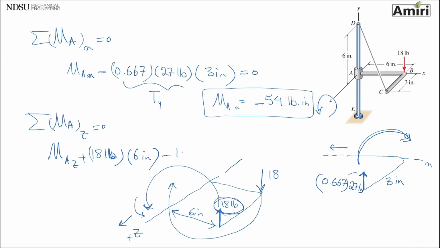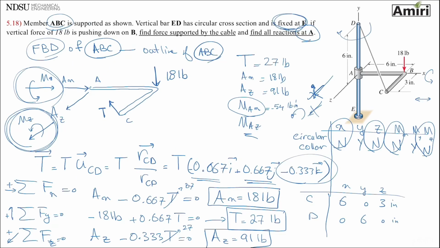The other one obviously is negative, so rotating the opposite way, and it's also located at 6 inches, equals 0. Those two cancel each other out, and as a result we get moment about Z axis is going to be 0. So if you go back here, that is 0, meaning this rod is perfectly balanced by that cord CD.